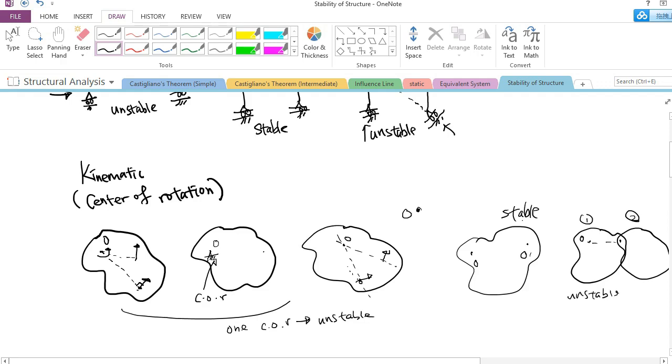Because this point is part of body 1, if it rotates about here, this point should move here. In order for this system to be unstable, the center of rotation of the second body should lie on the same line. I will talk about this later.